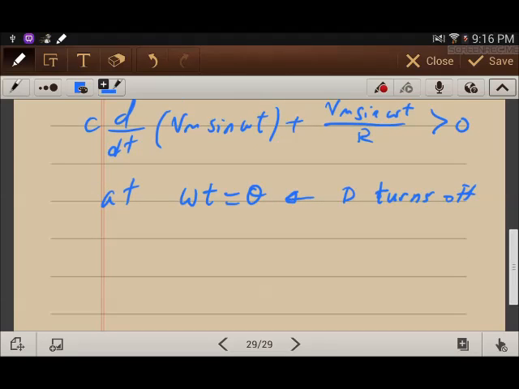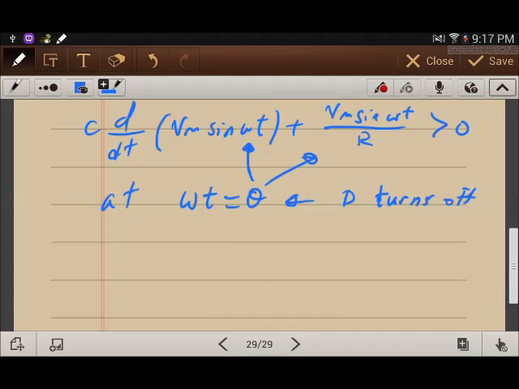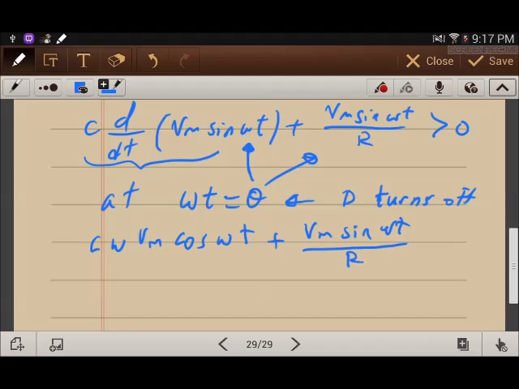So we replace omega t by theta. Before we substitute theta into the equation, we will find the derivative of this one, and we will get C omega V maximum cosine omega t plus V maximum sine omega t over R greater than 0.